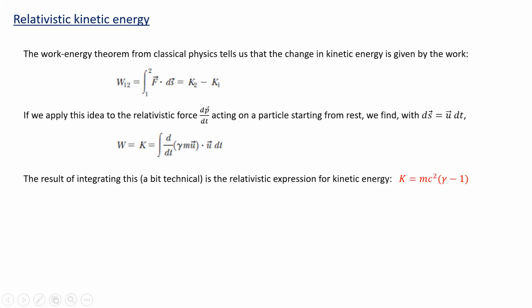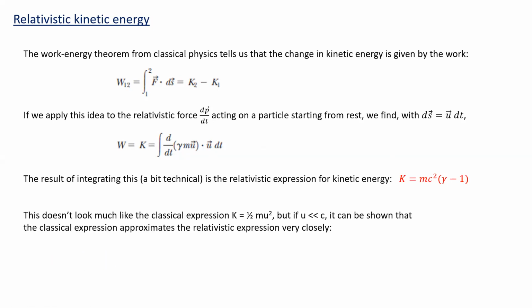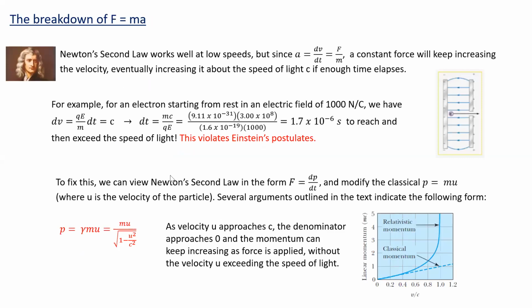One thing to notice about this is that if u is equal to 0, so if we go back for a second, if u is equal to 0, the gamma factor is just 1, because gamma is 1 over the square root of 1 minus u squared over c squared.